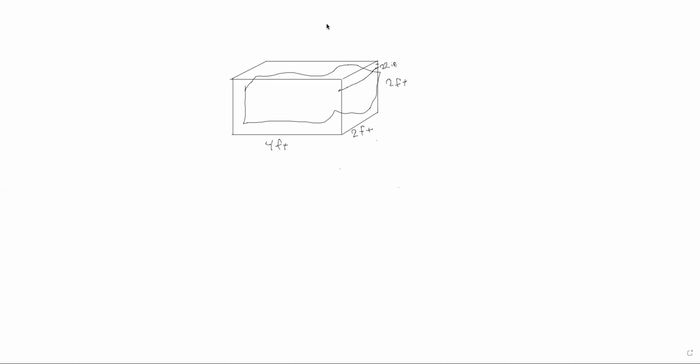In the case of water, water has a weight density of 62.4 pounds per cubic foot. This is the fluid density or the weight density of water. So now that we have that, we need to calculate the fluid pressure. So fluid pressure, there's a lot of writing here.